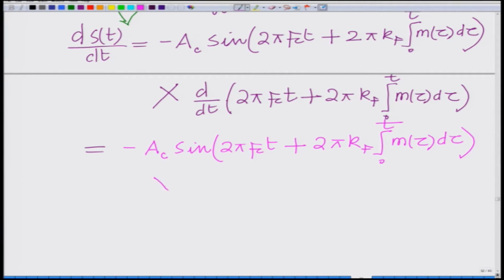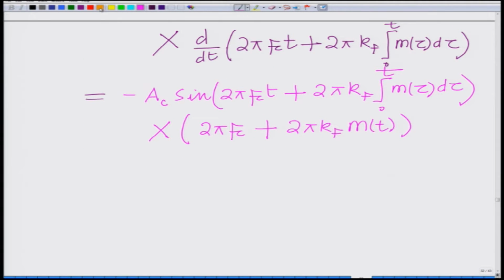The derivative of 2 pi f_c t plus 2 pi k_f integral 0 to t m(tau) d tau is 2 pi f_c plus 2 pi k_f m(t).